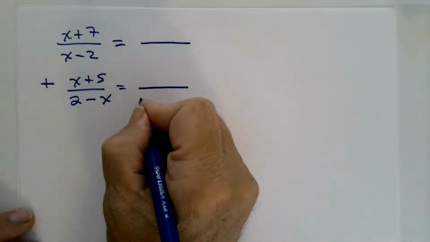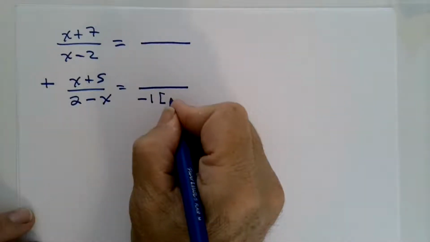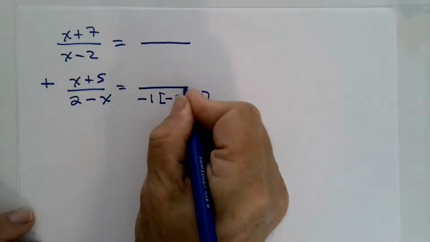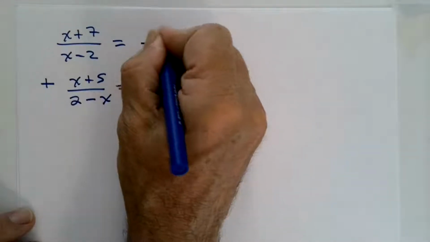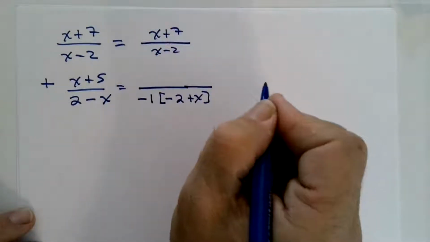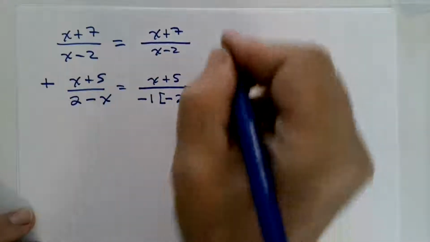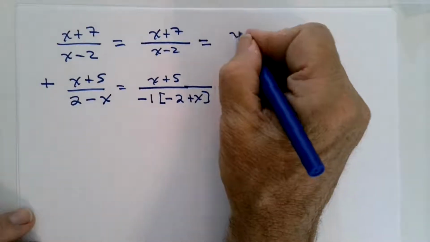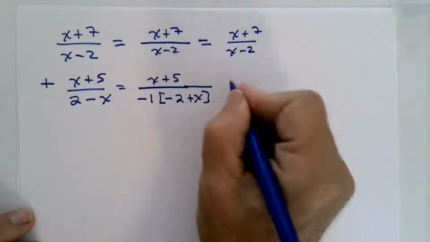Well, if I factor out a negative 1 here, I get negative 1 times negative 2 plus x. So we have x plus 7 over x minus 2 and x plus 5 over negative 1 times negative 2 plus x, which I'm going to rewrite one other way.